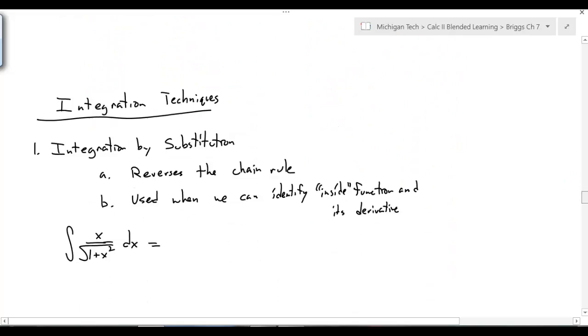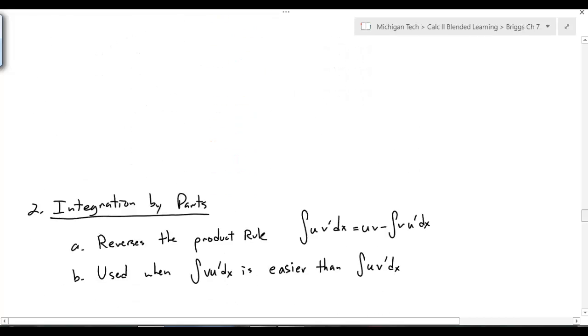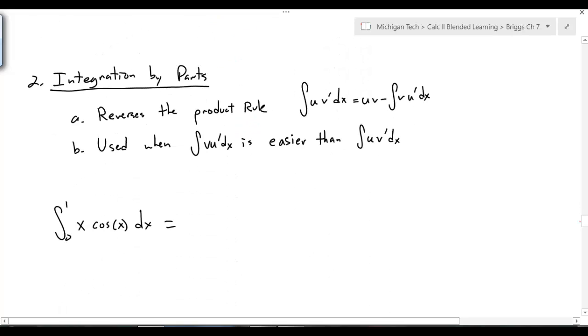After that, we got into Chapter 7, integration techniques. Integration by substitution, the main points: it's a process that reverses the chain rule. We use it when we can identify an inside function whose derivative is a factor. So here I have an inside function whose derivative looks something like x. X is the factor. If we had more time, we'd work through these. Integration by parts is a process that reverses the product rule, and we have a formula for it.